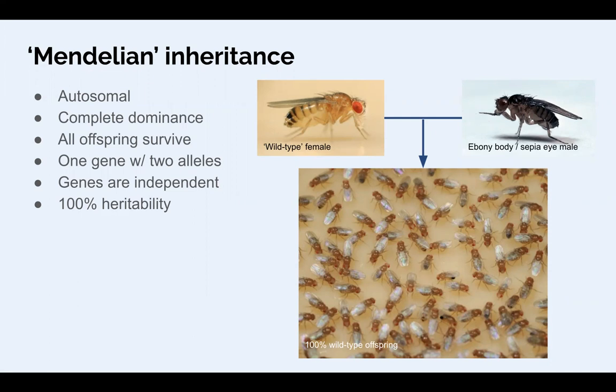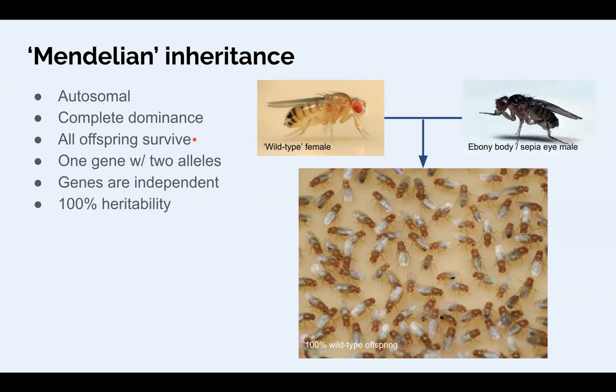These bullet points here illustrate the assumptions or conditions that would need to be met for genetic inheritance to be Mendelian. So autosomal, we'll get into that. Autosomal refers to chromosomes that are not sex chromosomes, so chromosomes that are equally inherited by males and females. Complete dominance, as I mentioned, so alleles that are dominant over other alleles.